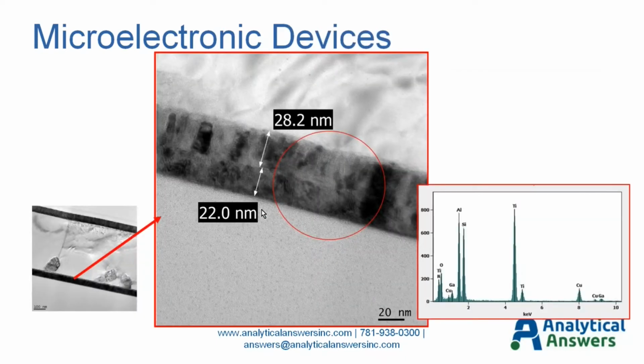If we mag up even further on one of those layers, in this case the underlayer, we can see that rather than a single layer, it's actually a bilayer, where we have a 22 nanometer initial layer deposited on top of the oxide, followed by a 28 nanometer top coat. The top layer is showing columnar grain structure. We also see some templating coming from the layer beneath it.